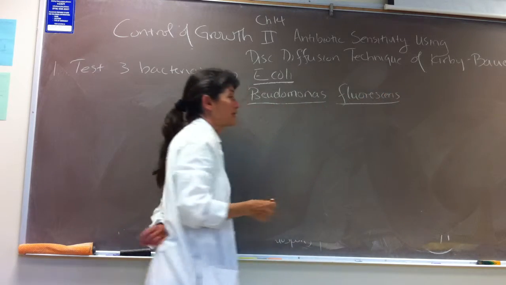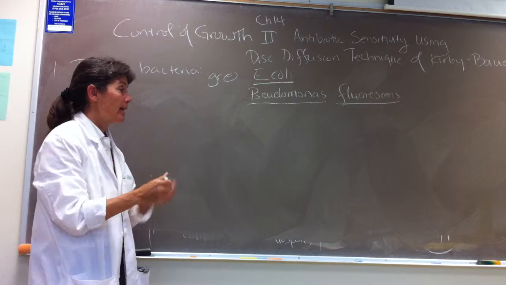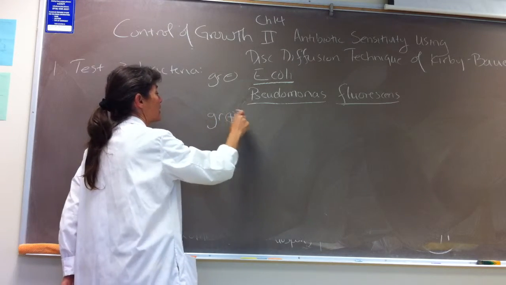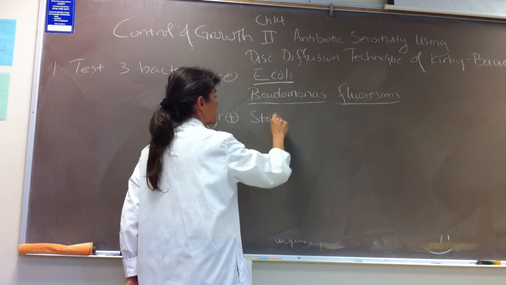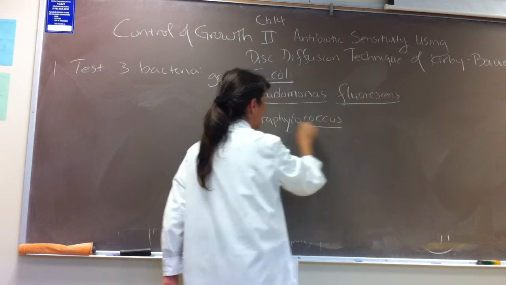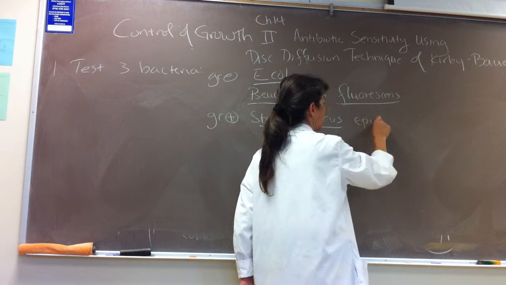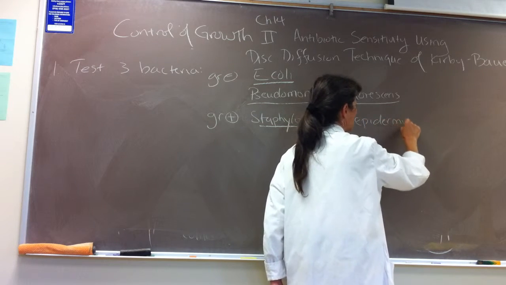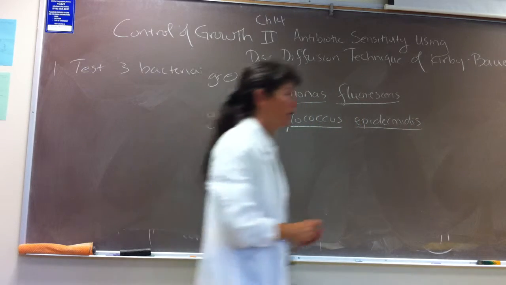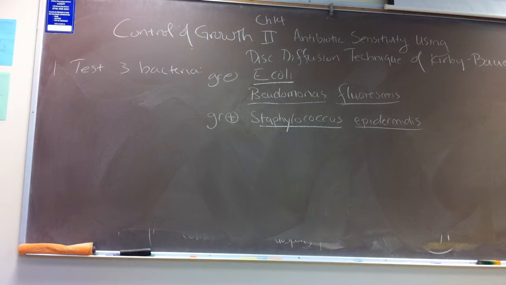Also a gram-negative bacterium. And then the third bacterium we're going to be testing is Staphylococcus epidermidis, which also is an opportunistic pathogen and also is a close cousin of the king of bacterial tissue invaders, Staphylococcus aureus.